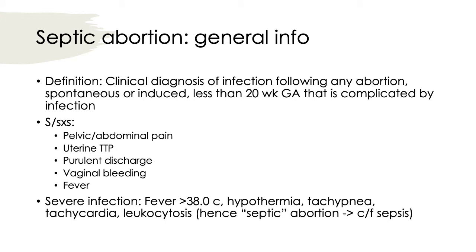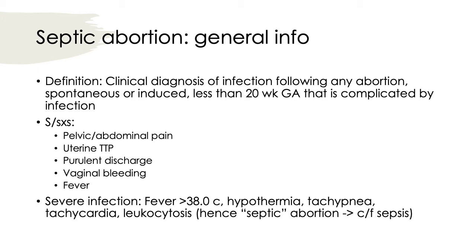Septic abortion is defined as a clinical diagnosis of infection following any abortion, spontaneous or induced, less than 20-week gestational age that is complicated by infection. Presenting signs and symptoms are often pelvic or abdominal pain, uterine tenderness to palpation, purulent vaginal discharge, vaginal bleeding, and fever.